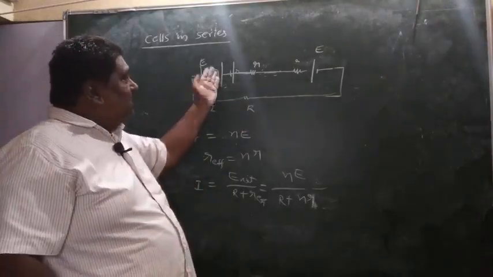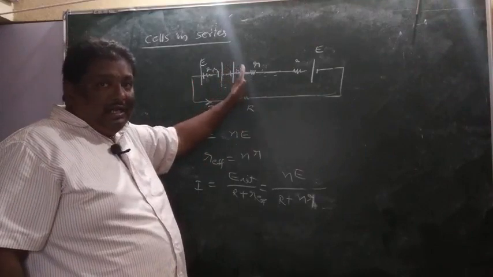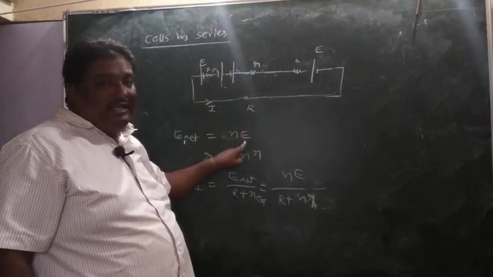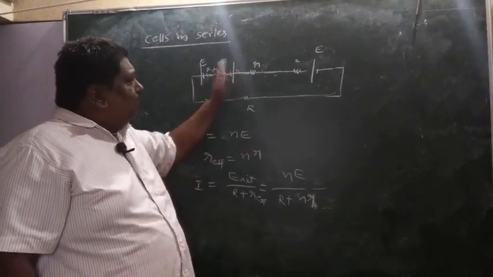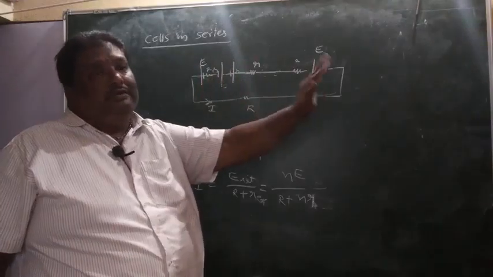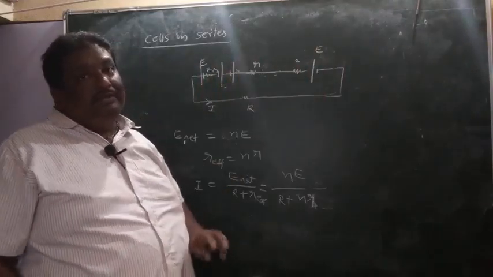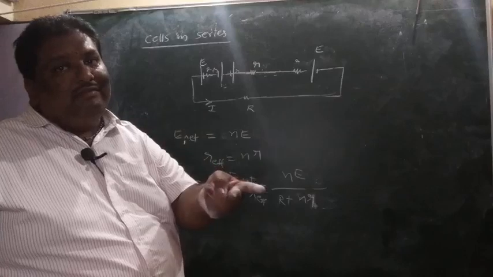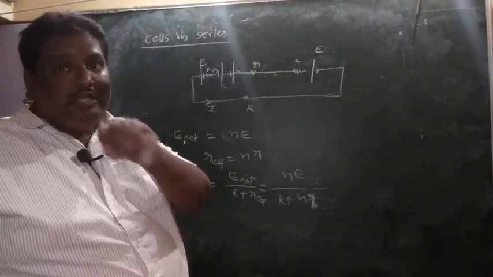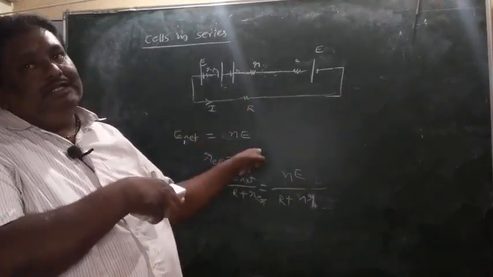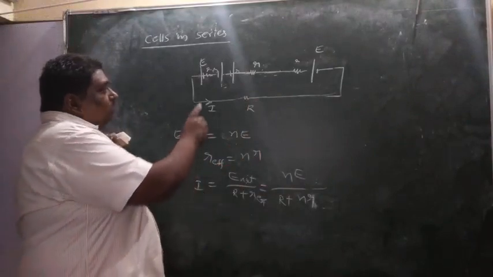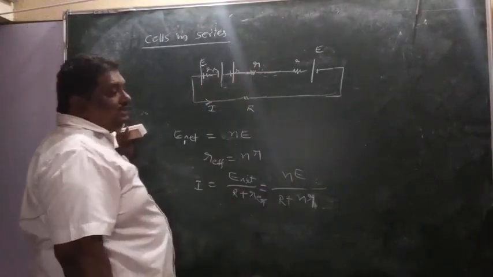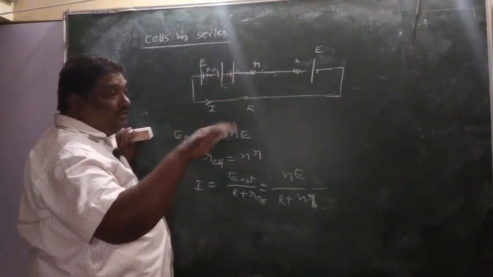Total one cell reversed: that cell is not supplying voltage, so that E decreases. Again opposing means that much opposing cell voltage is blocked. That means totally one cell reversed, two cells' voltage will be lost. But internal resistance is present.